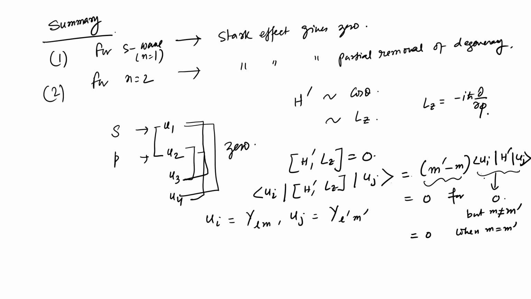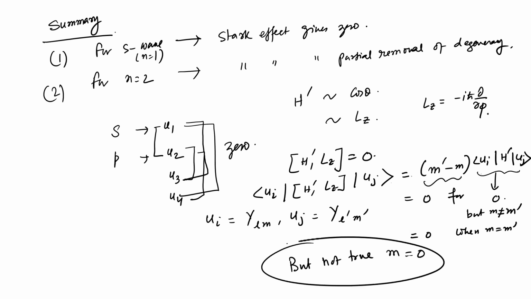We do not need the other matrix element to be 0, but that is not true for M equal to 0. So, that is the one that gives you a contribution between U1 and U2, which corresponds to psi 200 and psi 210, and that is where you have a non-zero contribution coming from.